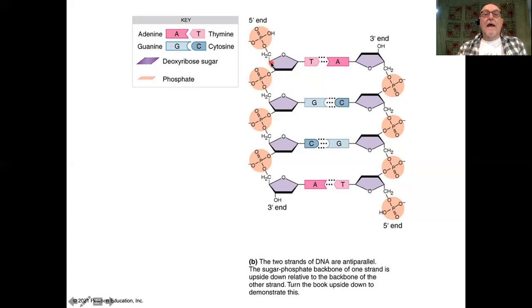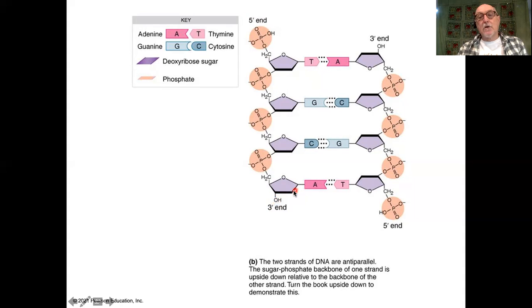At this end we have the phosphate. It's non-reactive, you can't react anything to it. Here's the phosphate group, that is the 5' end of that strand. This end here is the hydroxyl group, the 3' hydroxyl. This is the 3' end.